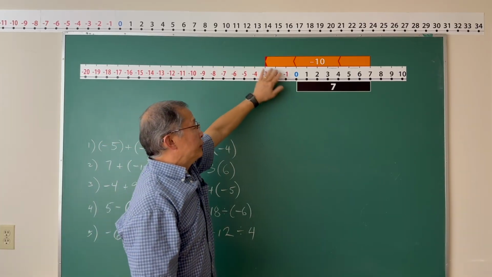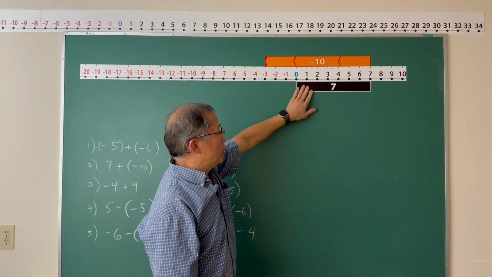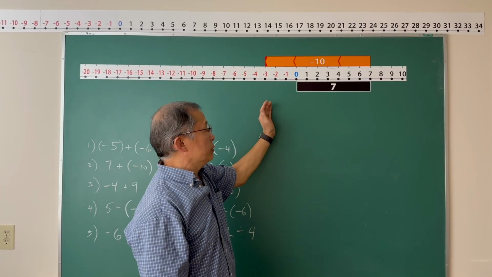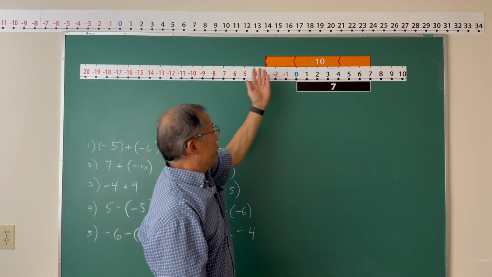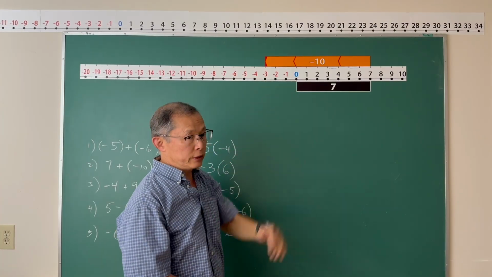They can also see from the strips that the negative 10 has a larger magnitude than the positive 7. Therefore, our answer has to be negative. So rightward movement and leftward movement, but the leftward movement is greater. So our answer is in the negatives.